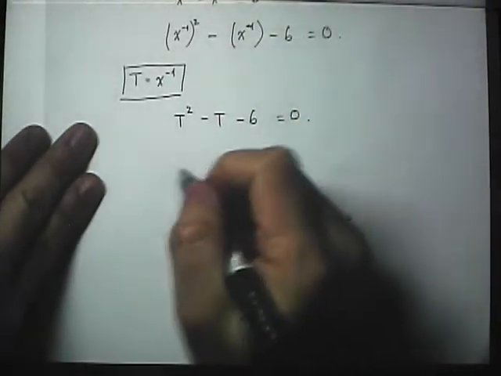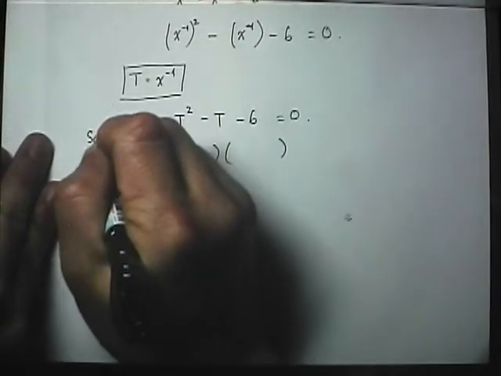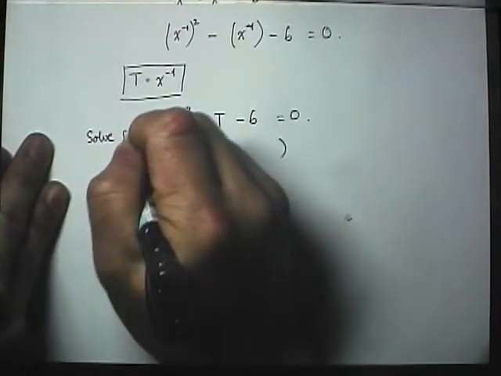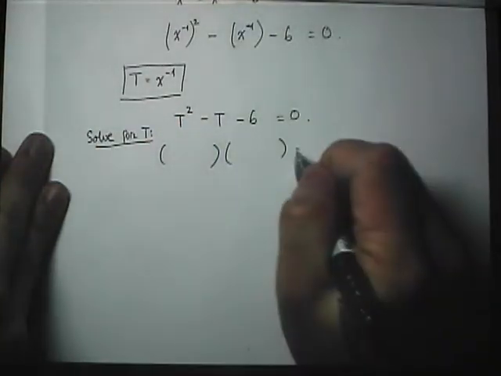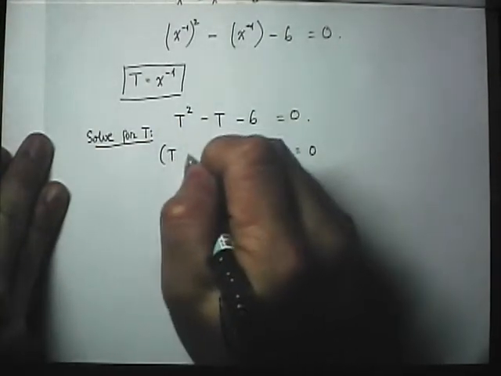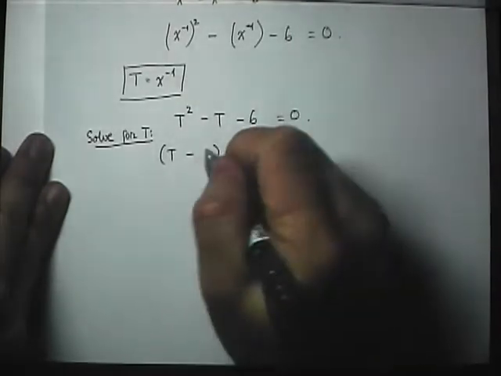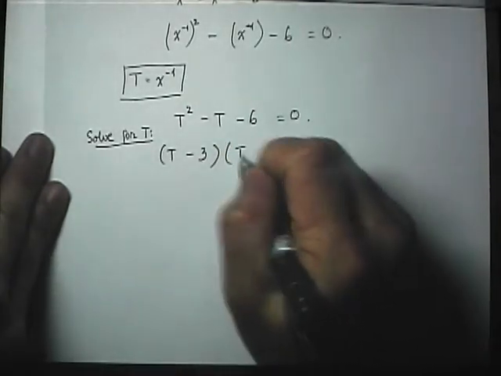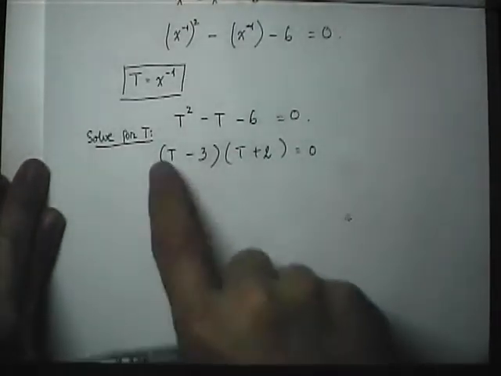Then, factoring this equation to solve for t, I have t minus 3 and t plus 2. That's how we found the factors for this equation.